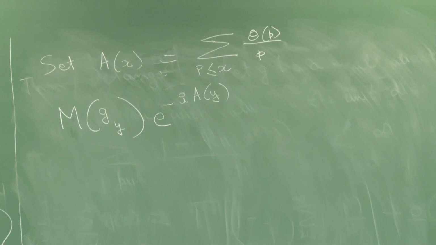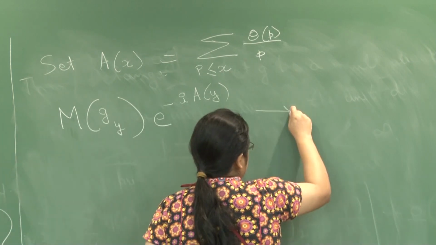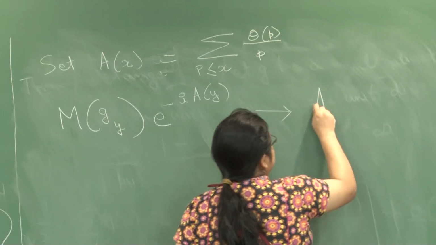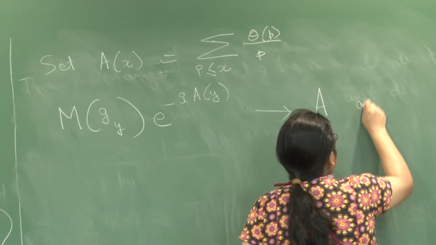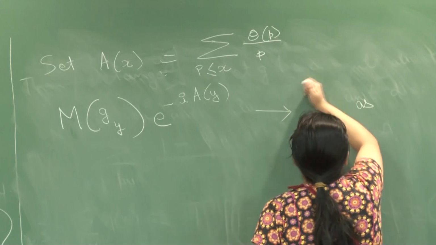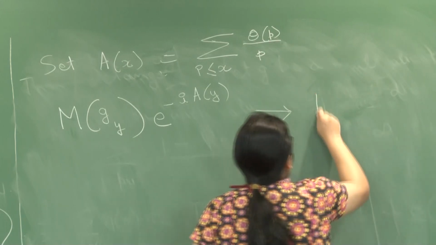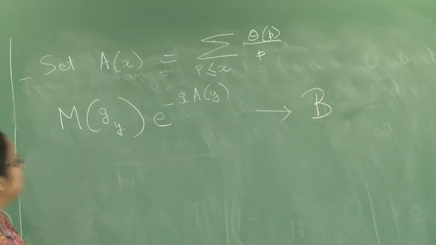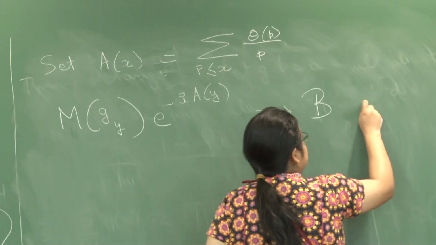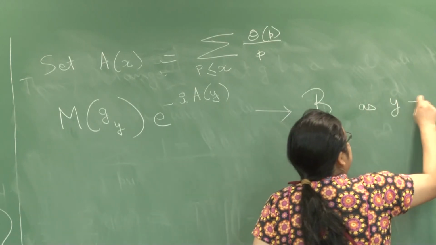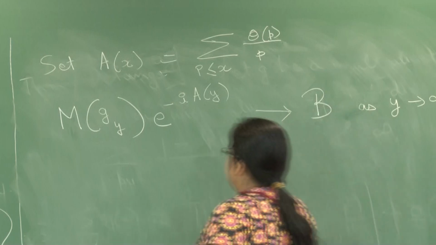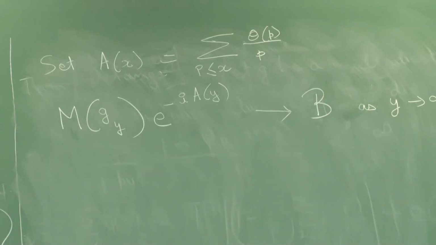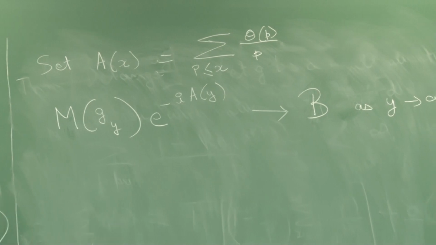converges to a finite limit, let's call this limit B, as y goes to infinity. Okay, this is really the step where most of the work happens.